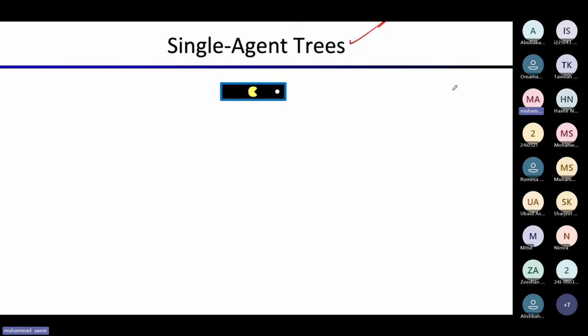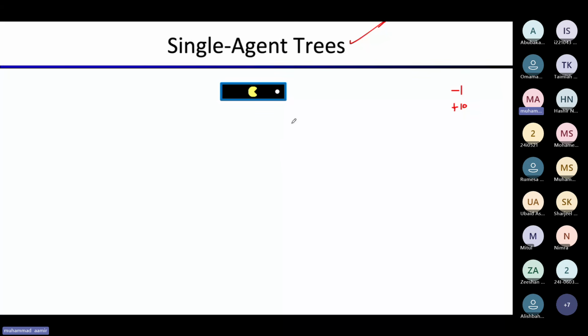One Pac-Man move costs -1, either left or right, whatever the direction is, and if Pac-Man eats one white dot, it gives a +10 score. These are the scores in this particular single agent tree.